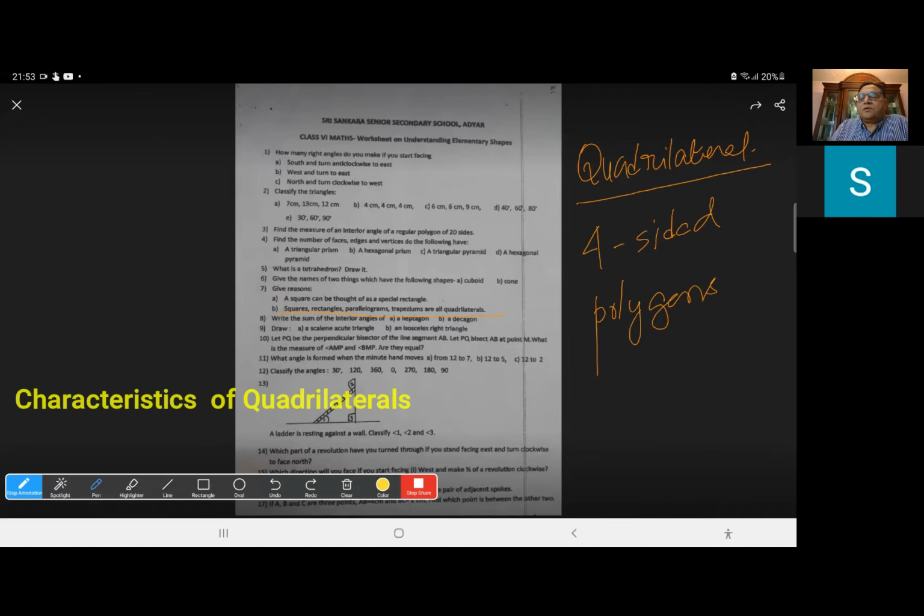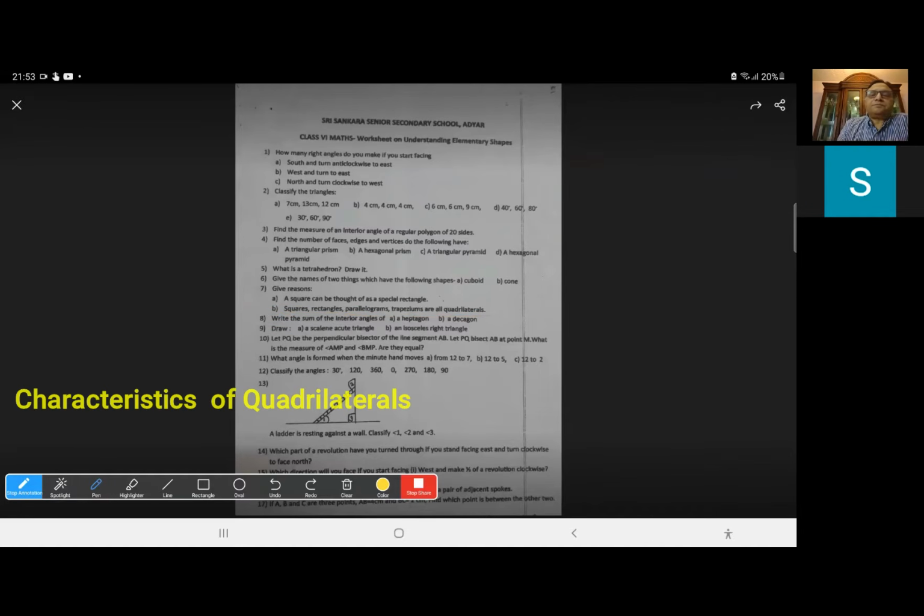Yeah, trapezium four-sided, parallelogram four-sided. 2D, two-dimensional, right? So these are four-sided figures, right? All edges straight, correct? They meet at vertices. These are quadrilaterals, right? So that is common between them, right? Now, question number 8. Write the sum of interior angles of a heptagon.